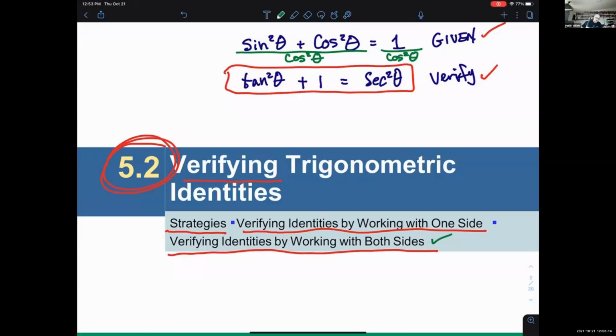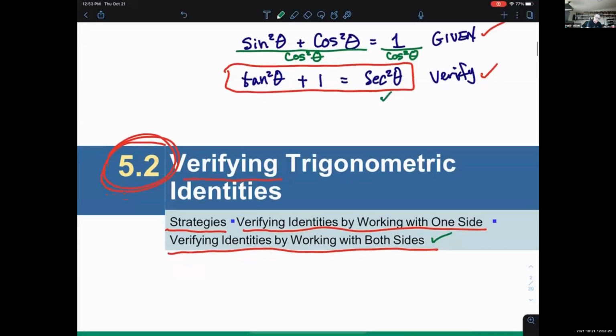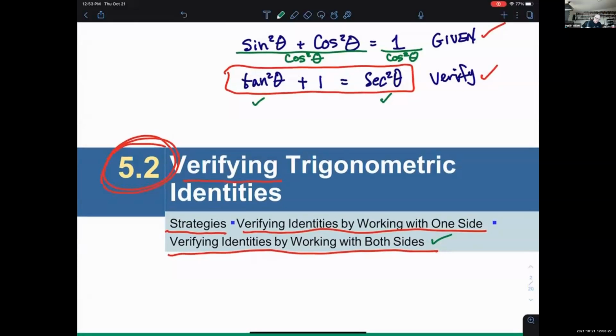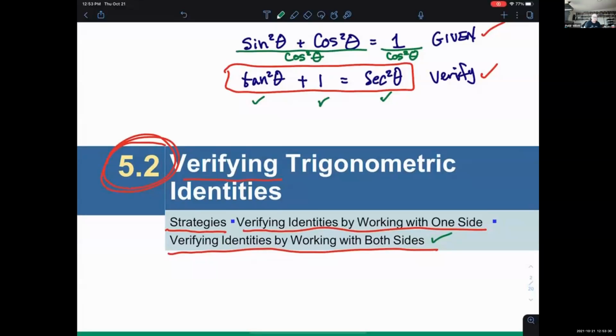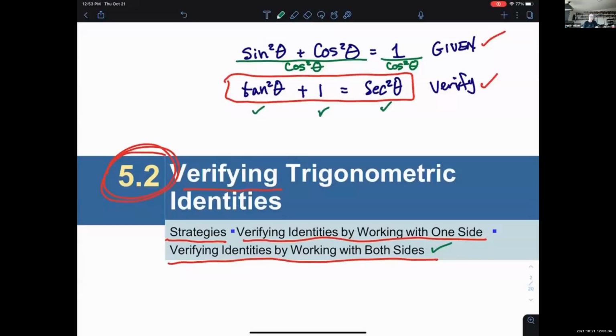And on the left side, when I divide these two things by cosine squared theta, sine squared theta divided by cosine squared theta gives me tan squared theta. And cosine squared theta divided by cosine squared theta gives me 1. So if I take the first identity, one of the given ones we have to work with, and divide both sides of that equation by cosine squared theta, I can then get the second equation that I'm supposed to verify.